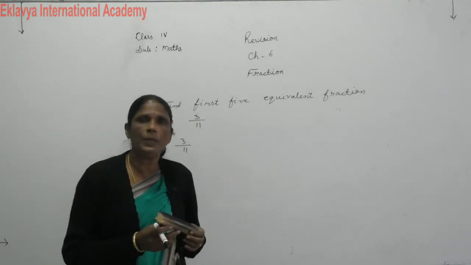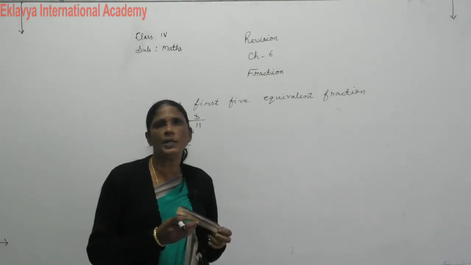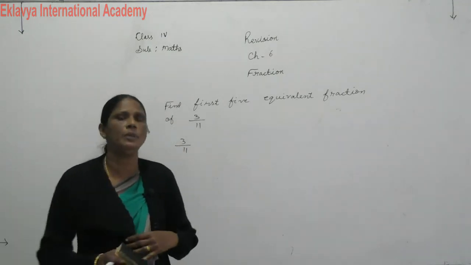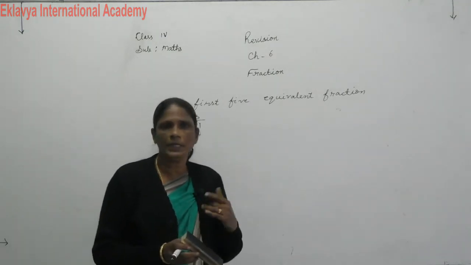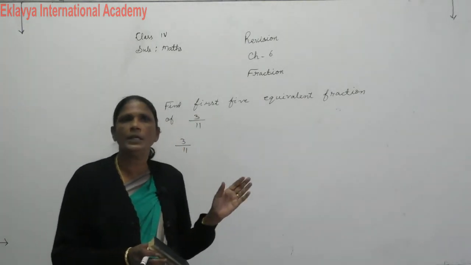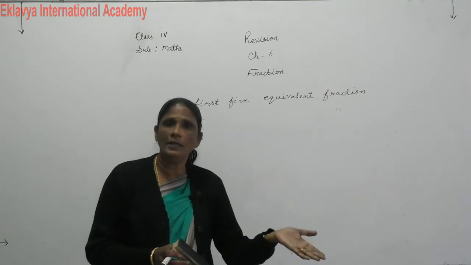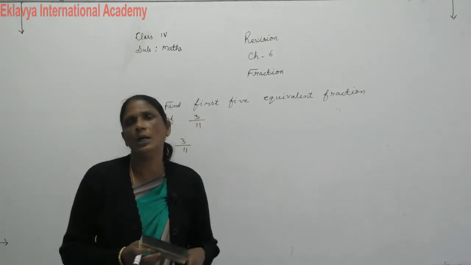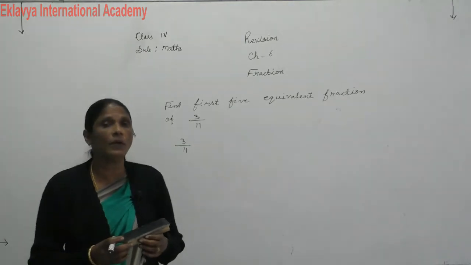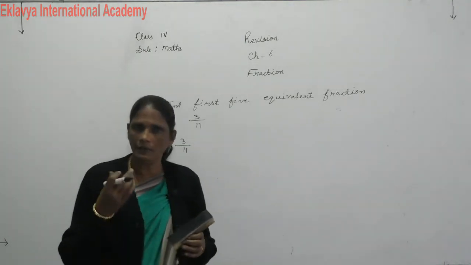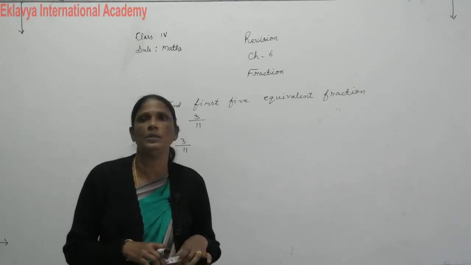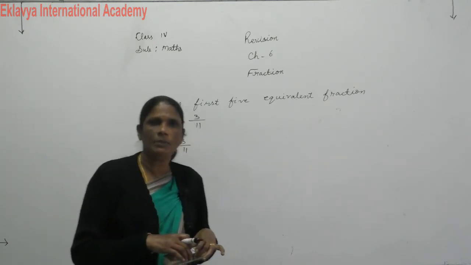We get an equivalent fraction when we multiply the numerator and denominator by the same number, or divide the numerator and denominator by the same number.